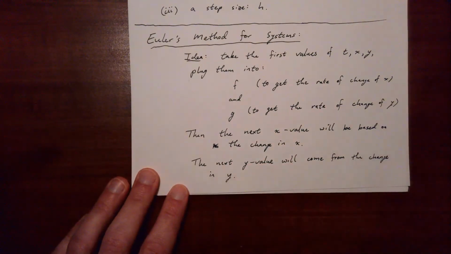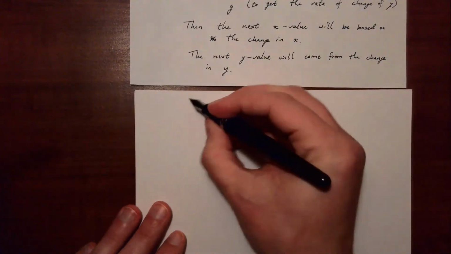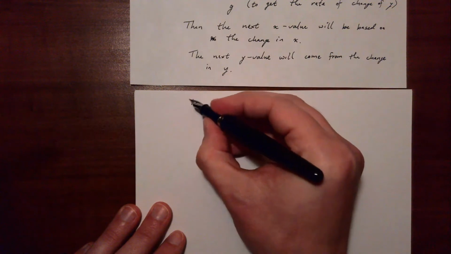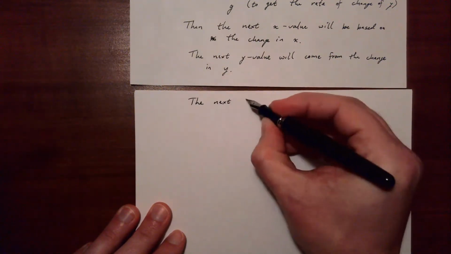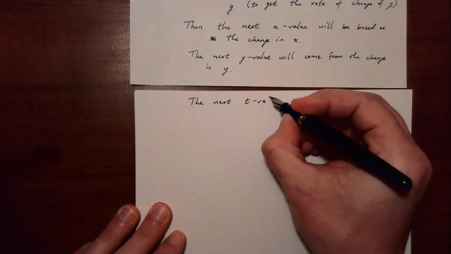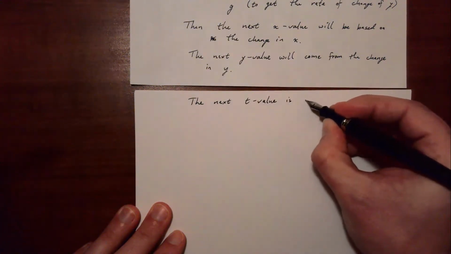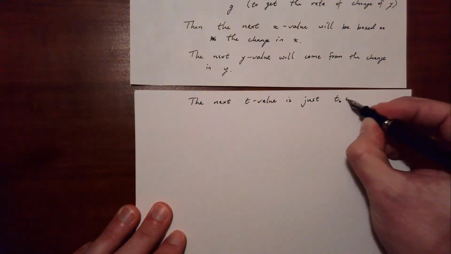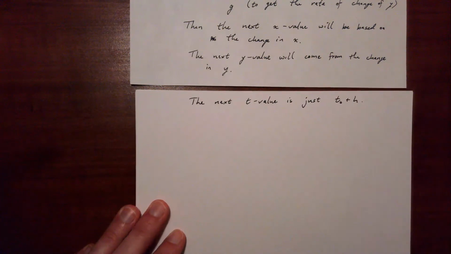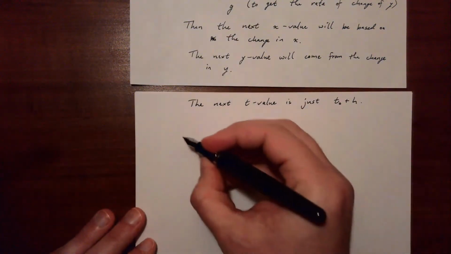And then as for the next t value, that's just one step size later. The next t value is just whatever the original one was plus h. And then we just repeat the process.